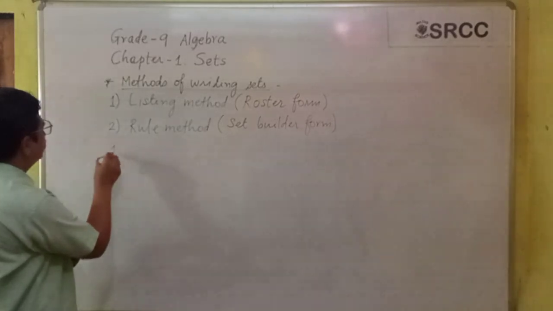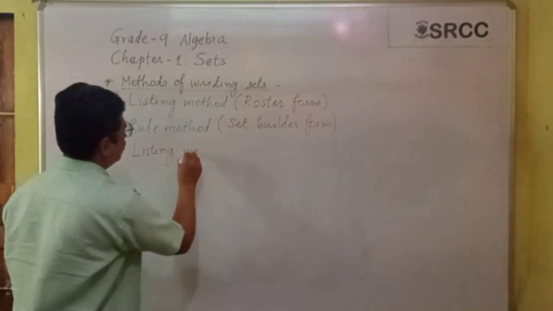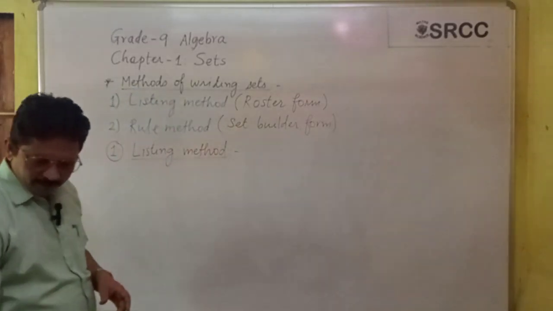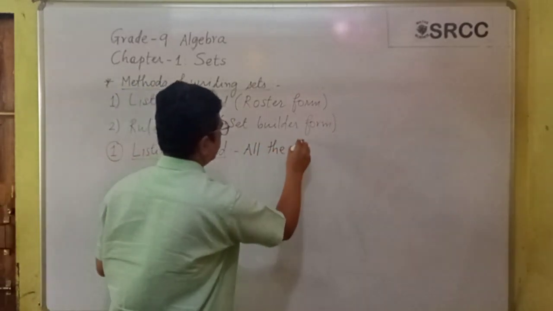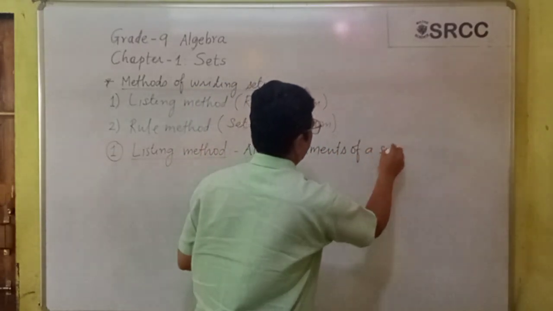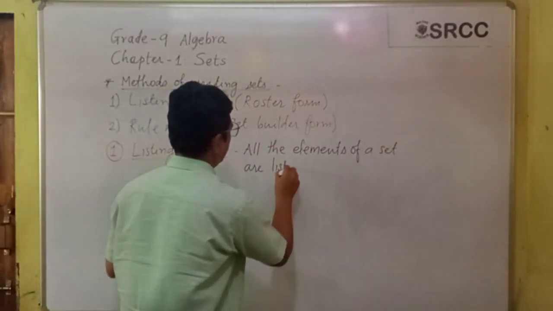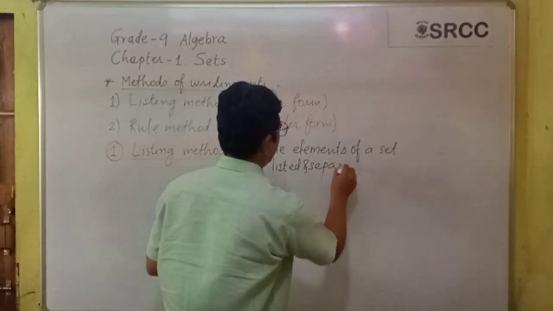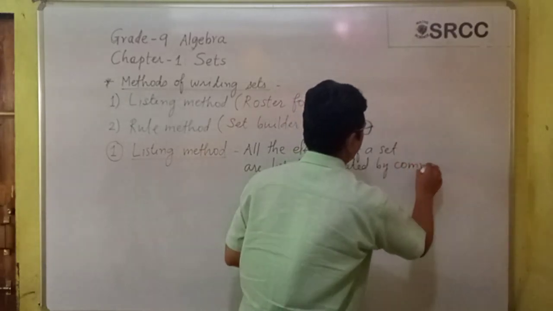So, first one, listing method. In listing method, all the elements of a set are listed and separated by commas.